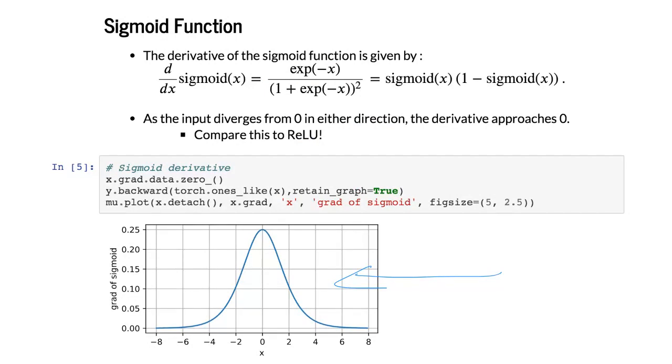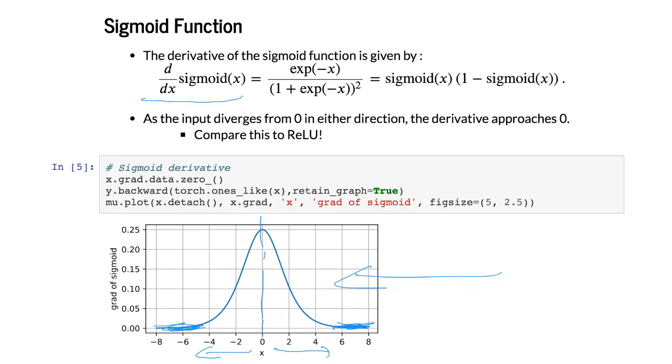The problem is that as we get away from 0, the derivative of the sigmoid becomes very small. So what does this mean? It means that the gradients, when we calculate the gradients that are passed through the sigmoid function, can become very small.